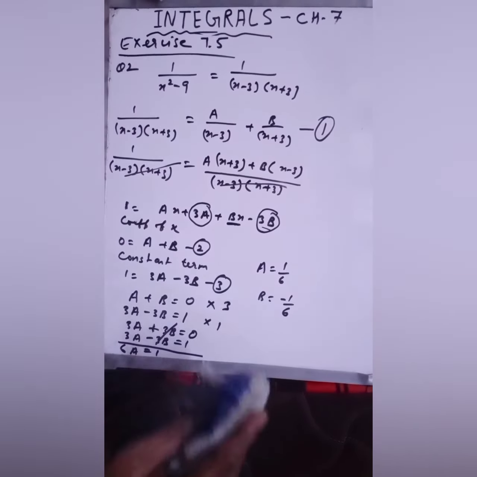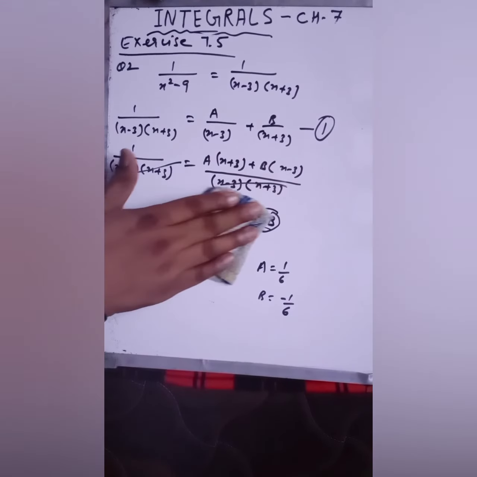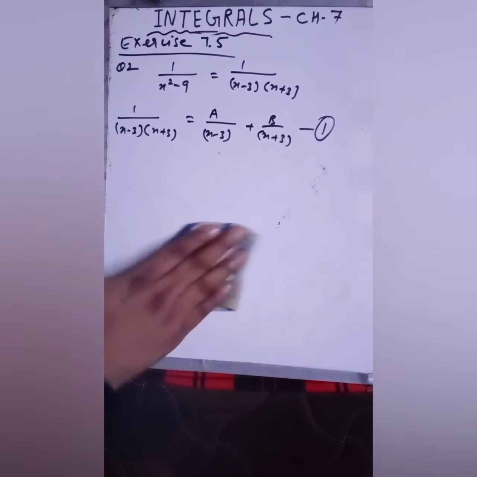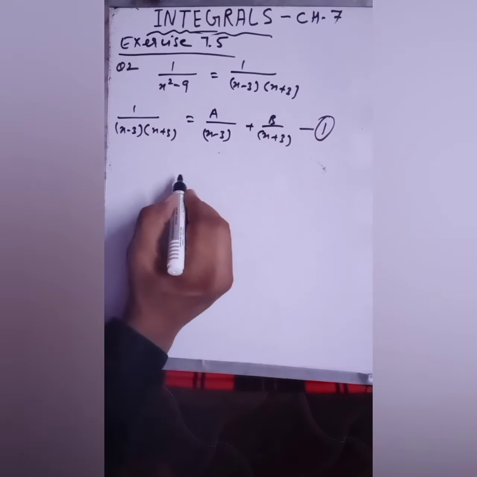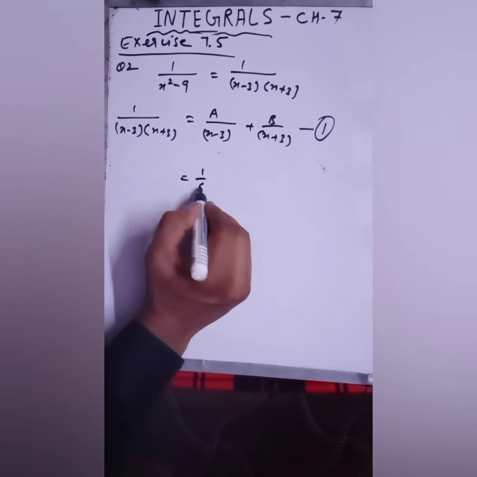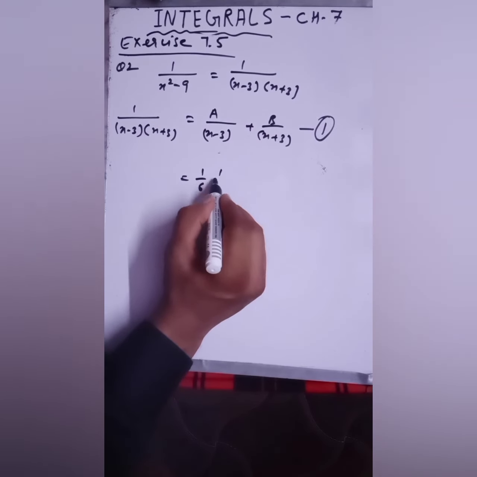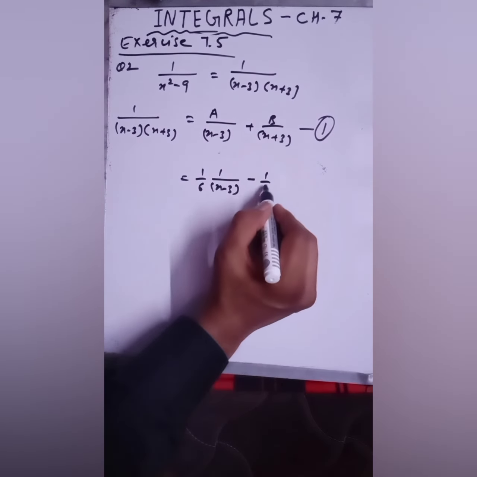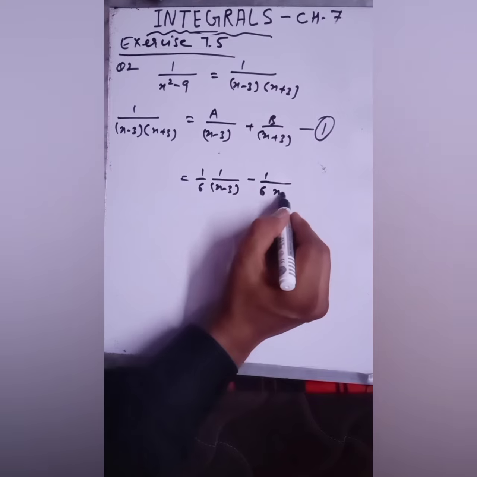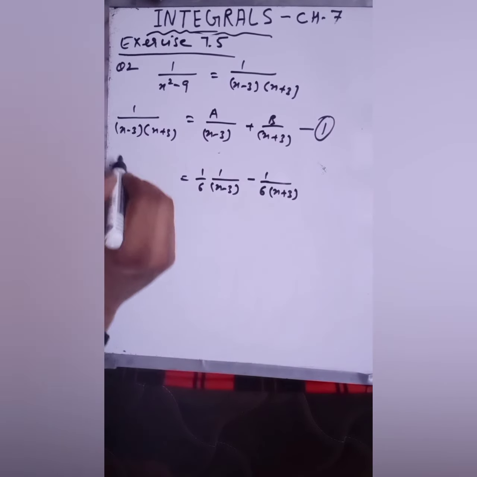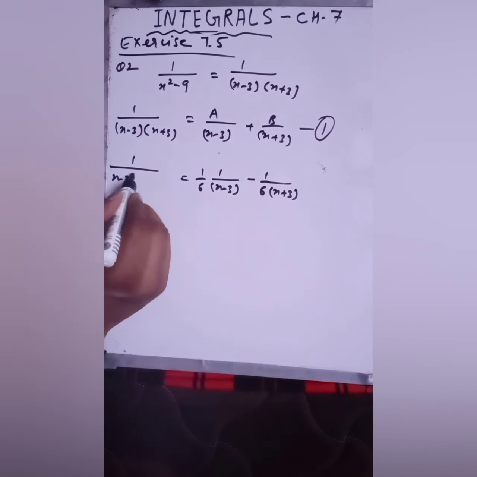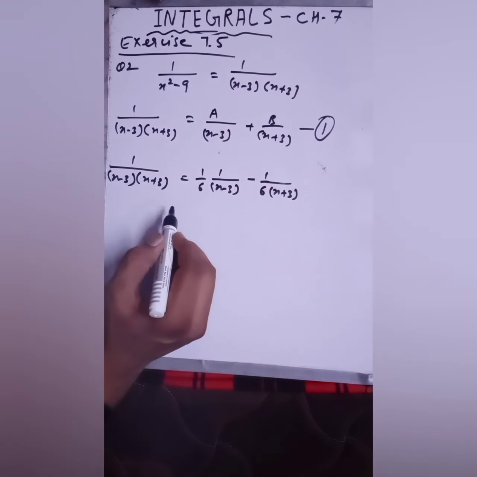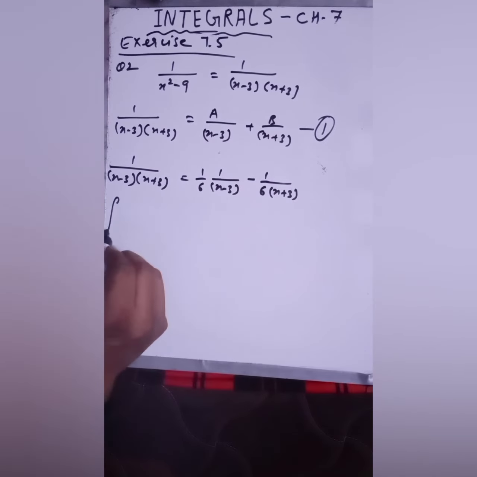Got it? So I am erasing these two. In place of a, I am putting 1 by 6. And similarly here in place of b, I am putting minus 1 by 6. So you will get x plus 3 here, and the same term you have to copy here. Fine. Now we are taking integration on both sides.